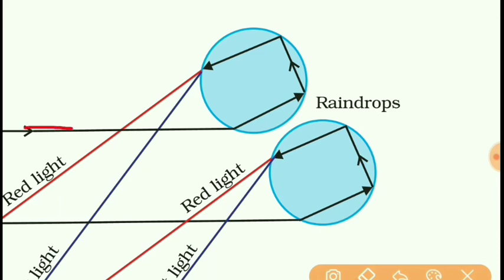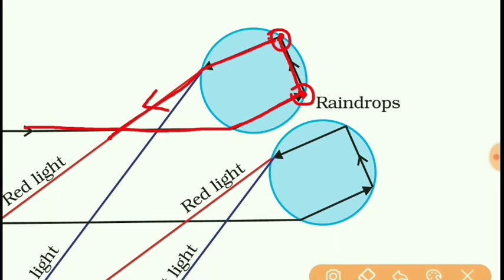When the ray is coming from the sun, there is a refraction, then at this point there is a total internal reflection, once again at this point there is a total internal reflection. So 2 times reflection took place, and then once again when the ray emerges out, there is a refraction.